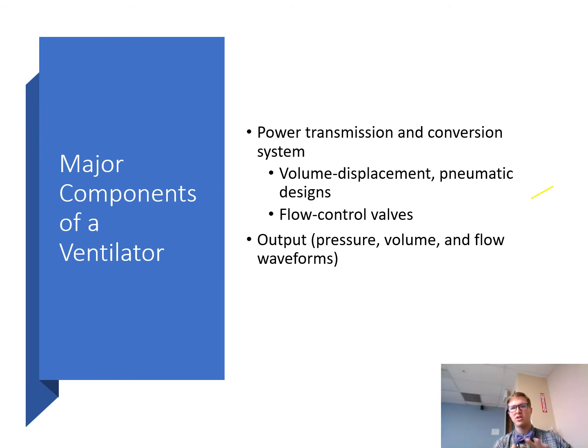Manual operation closes a switch, sending a current to the magnet and opening the valve, so we can manipulate that ourselves. Pressure changes generated by a patient's inspiratory effort can cause the diaphragm to move, which then closes the electrical contact, opening or closing the valve.